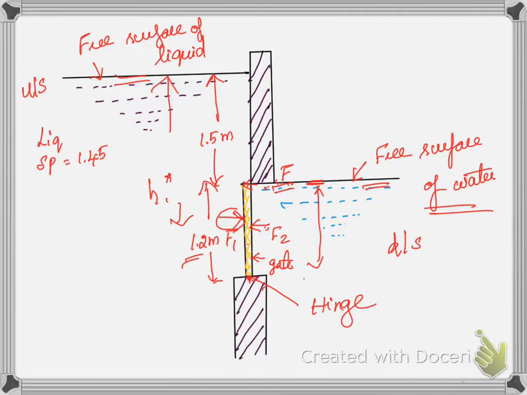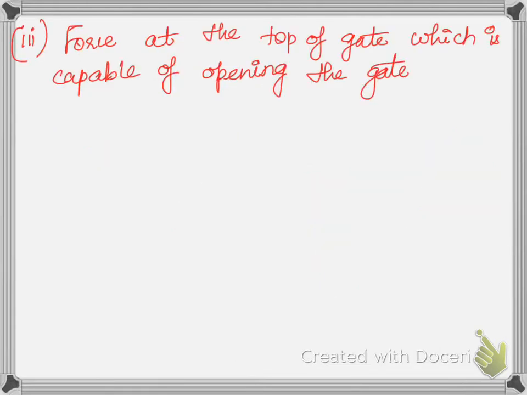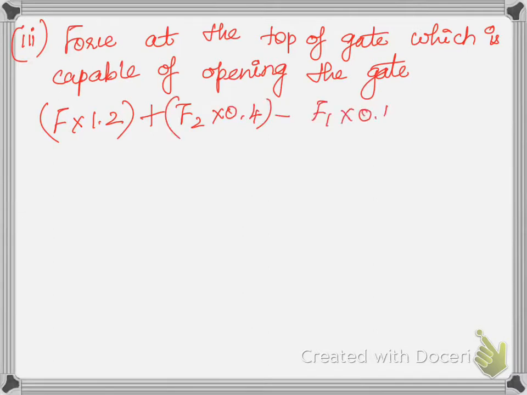When I take this moment, I know the value of F1 and F2, and the only unknown is going to be F. So very easily I can calculate the value of F. As told earlier, F into 1.2 plus F2 into 0.4 minus F1 into 0.5429 is equal to 0.